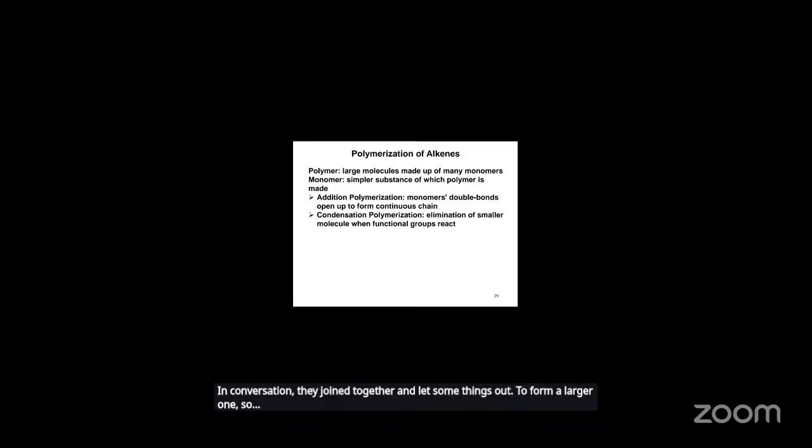While in addition polymerization, monomers are going to continue in addition form, okay, to form a polymer. They will be adding up. In condensation, they join together and let some things out to form a larger one, unlike the continuous addition we see in addition polymerization.